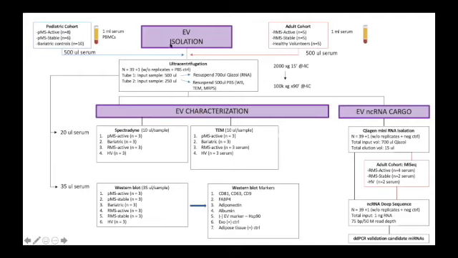So this is the workflow. We had 500 microliters of serum from both the pediatric and the adult cohorts. Then we had 2 tubes that we centrifuged to pellet the EVs. One was resuspended directly in the Qiazol, and another tube was resuspended in PBS for the remainder of the characterization.